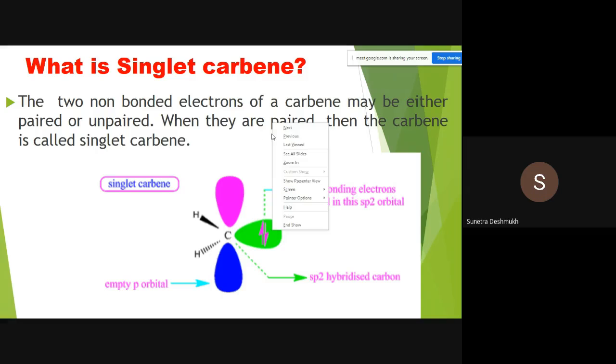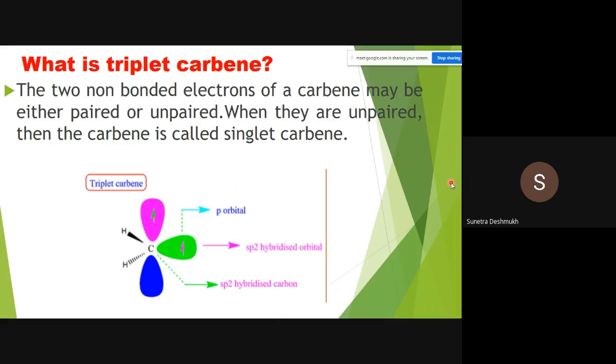Now what is the case in triplet carbene? The two non-bonded electrons of a carbene may be either paired or unpaired, but in triplet carbene they are unpaired. Here you can see both electrons present in different lobes of the hybridized sp2 orbital. So in triplet carbene the electrons are unpaired, and that is called triplet carbene.